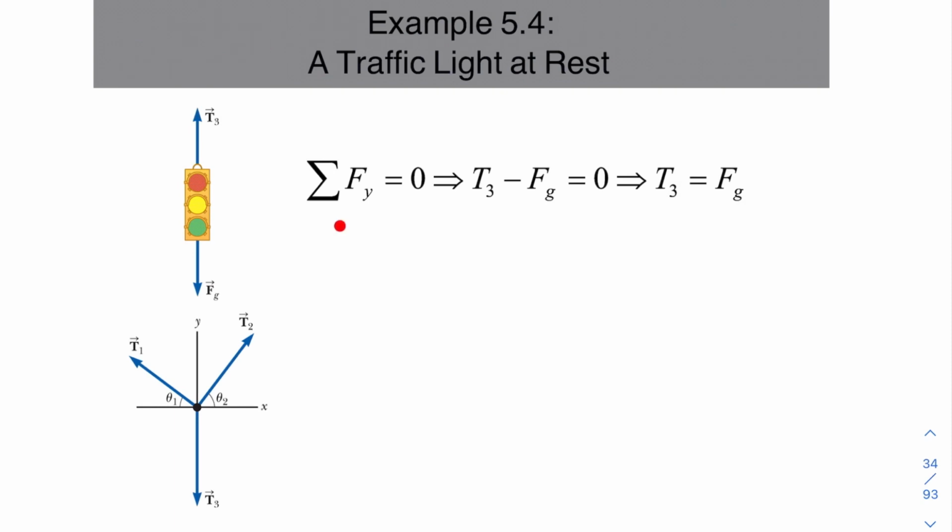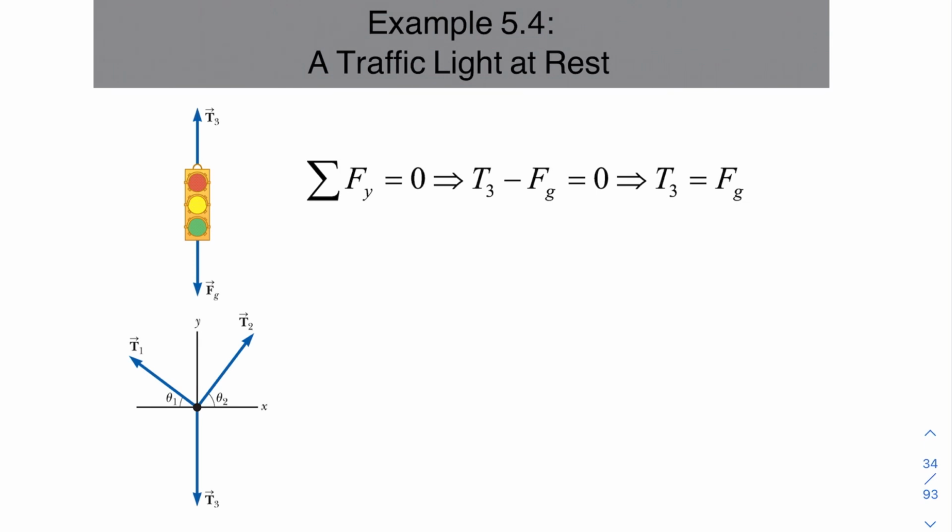From here, the summation of Fy is equivalent to 0 because the traffic light is not in motion. So T3 positive plus negative Fg is equivalent to 0. From here, T3 is equivalent to the weight Fg.